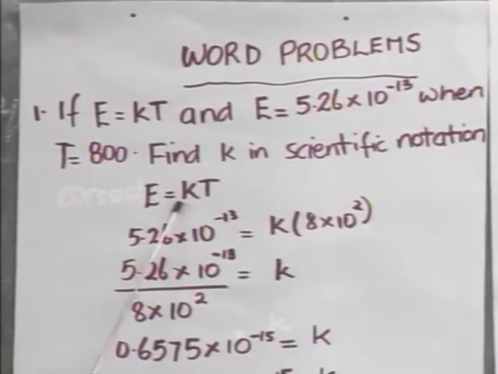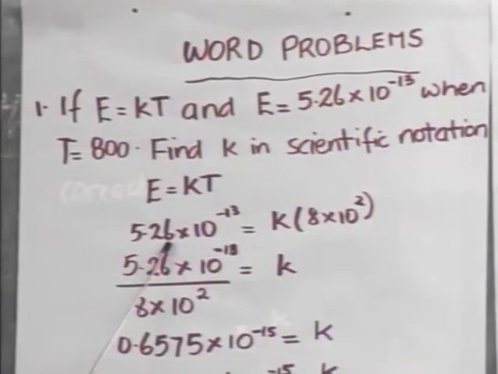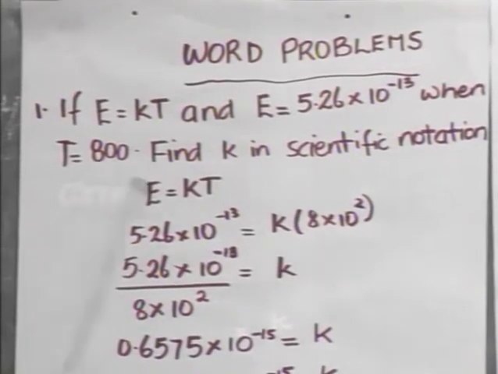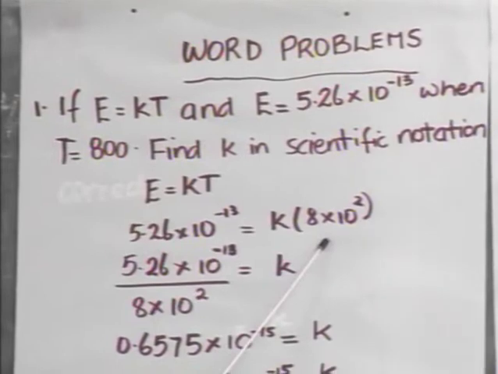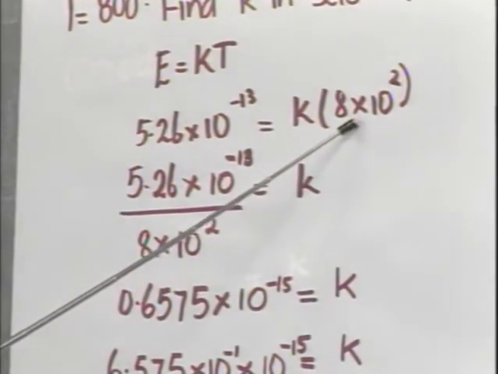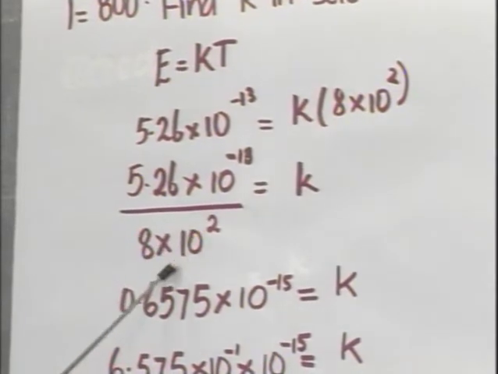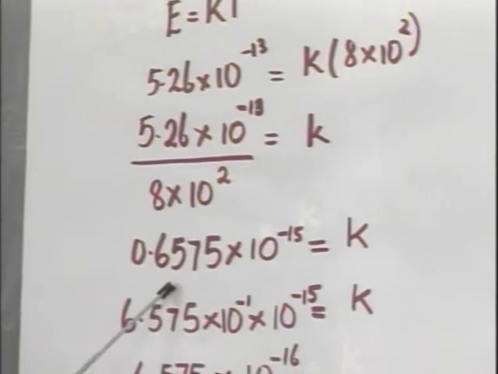So I start with the formula E equals KT. I substituted 5.26 times 10 to the power of negative 13. That's E. Then I substituted T. Instead of writing 800, I wrote it as 8 times 10 to the power of 2. And to get K, I divide 8 times 10 to the power of 2 on both sides. So I divided.